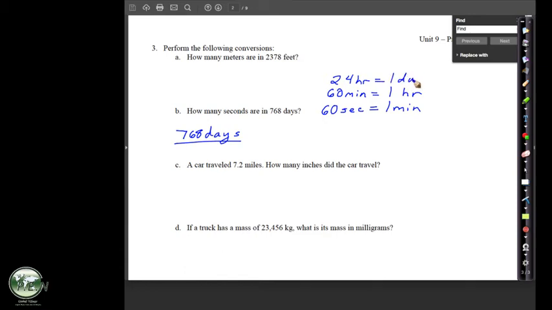And we're going to use the same process, setting up the ratio, because remember, when we take these ratios, we're getting something equal to 1. When we multiply, we're multiplying by 1. That doesn't change it. So the first conversion factor to try to get rid of days is, let's start up here. Do you want the 24 hours on top or the 1 day on top?